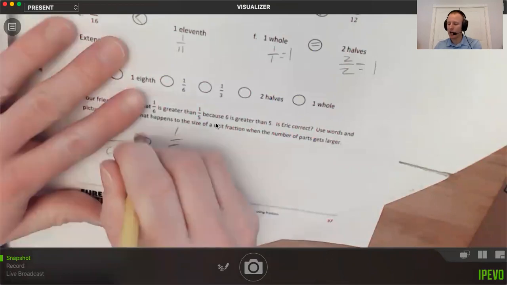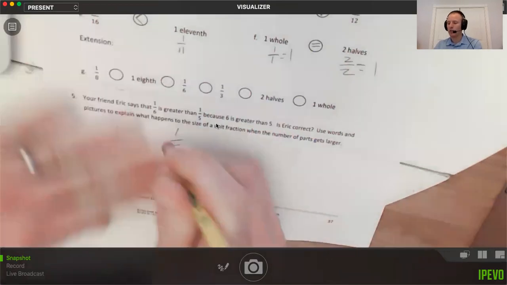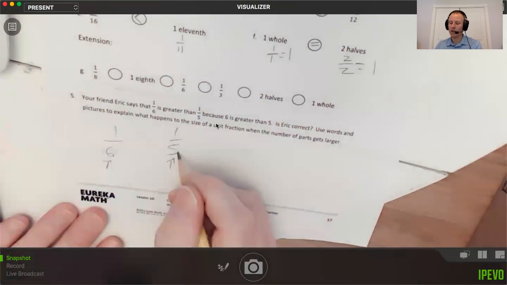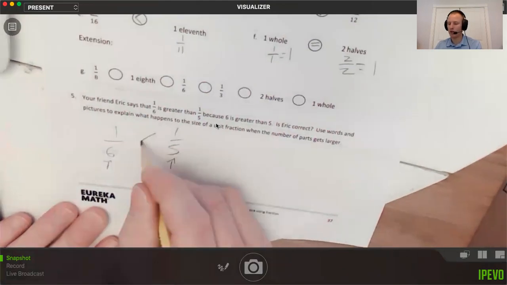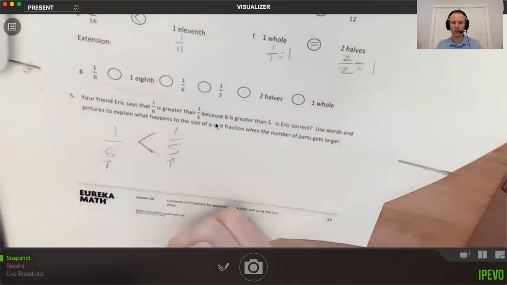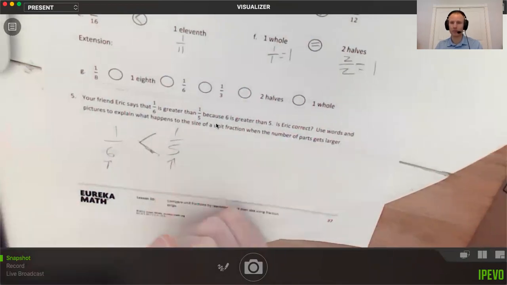When you're talking about fractions with the same numerator, you look at the denominator, and the smaller denominator is the larger fraction. So we would flip that around and say 1/6 is actually less than 1/5. Because 1/6 means that whole has been split up into 6 pieces. 1/5 means that same whole has only been split into 5 pieces. So each piece is slightly larger in that case.